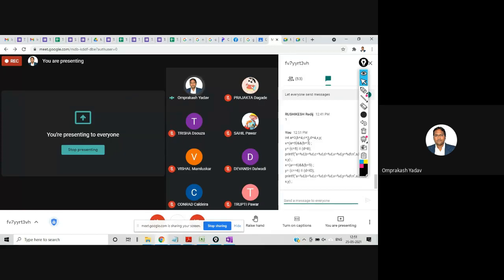The code I have pasted in the chat box. Only thing, void main is not there, so only the body part I pasted.